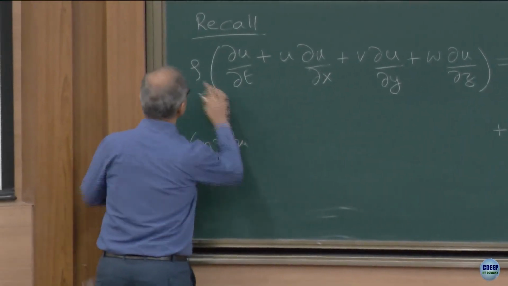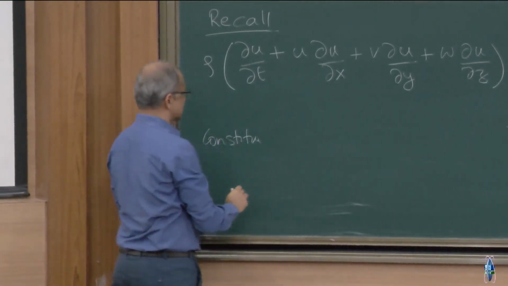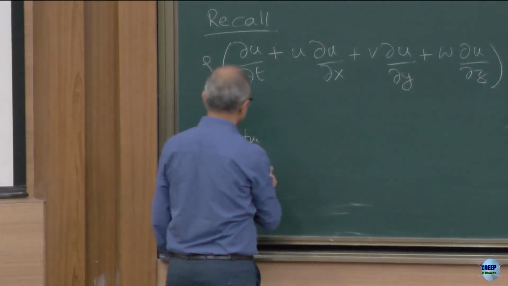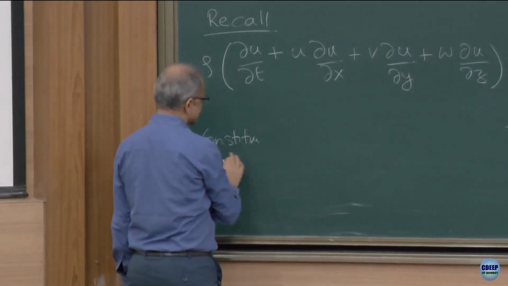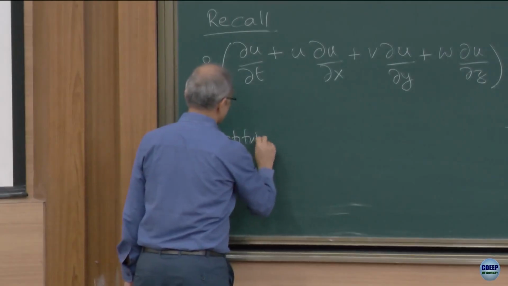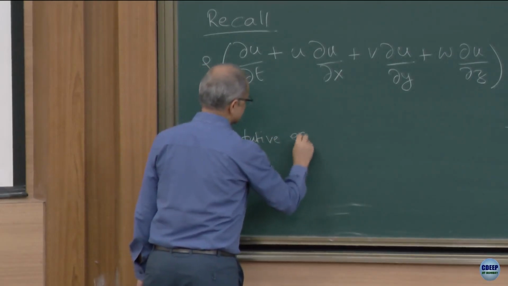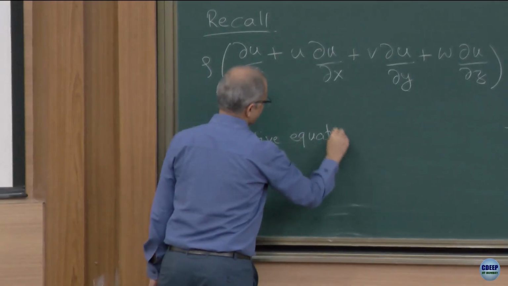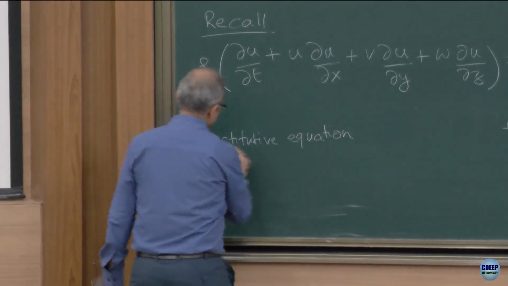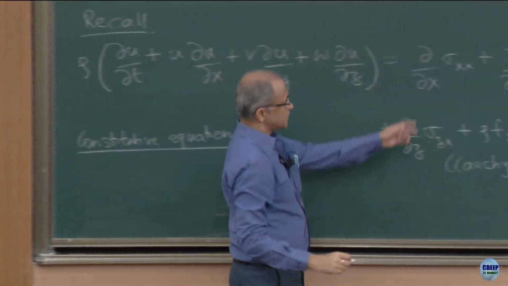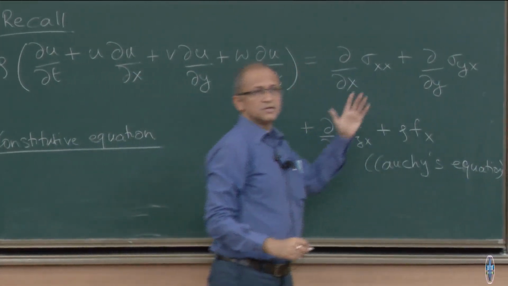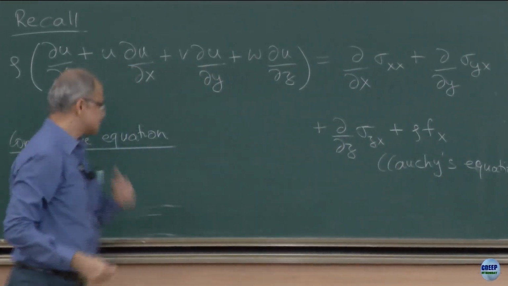This is what we had derived in the class two classes ago, and this is what we derived in the previous class. In the constitutive relationship, these additional stresses that are appearing have to now be written in terms of other variables.